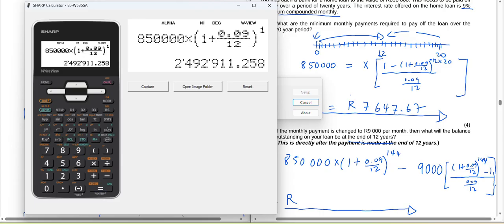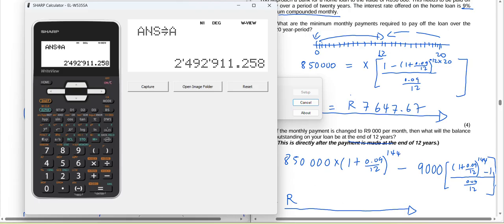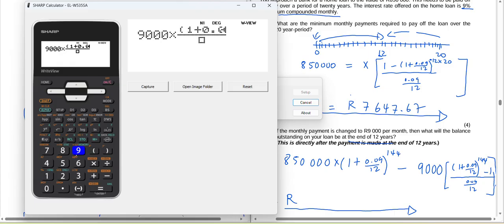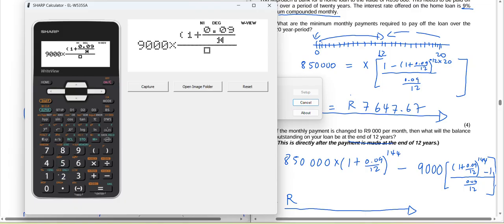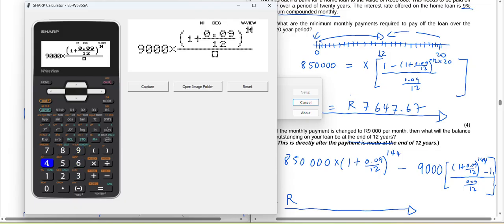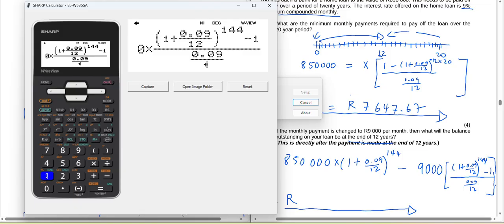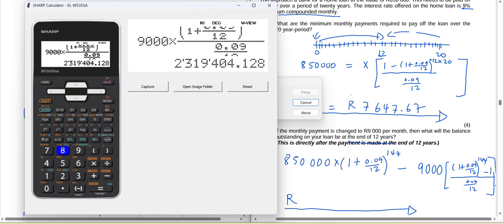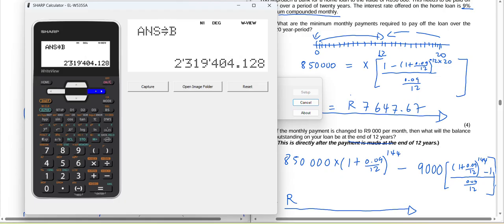Then maybe let us store it as A. And then the last one is 9,000 times, okay, we'll open the bracket, 1 plus 0.09 divided by 12, and then we close the bracket, we raise it to the power of 144. We subtract 1. We divide by 0.09 divided by 12. We get our answer. We store it as B.